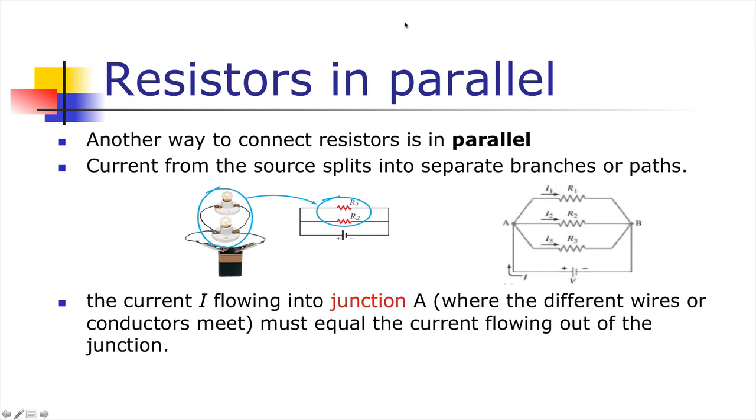Then the second type of circuit is resistors in parallel. So what about the other way of connecting resistors? The way you see it here, it's a nice sketch, and credit to the person who made it. You have a battery, and then you connect only one side of the wire with the next element, instead of holding things hand in hand.